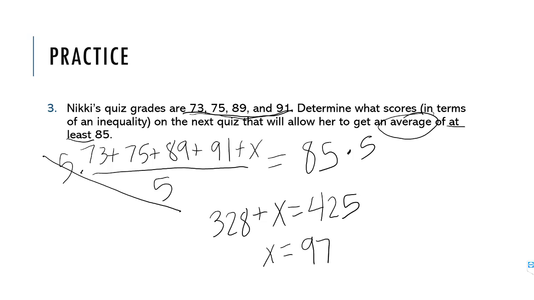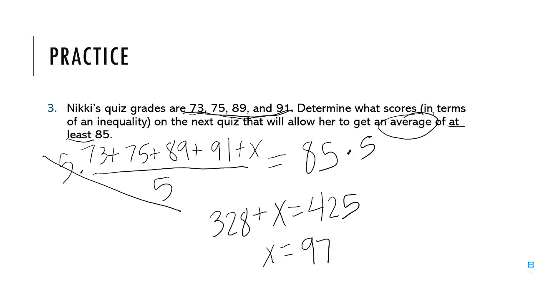That means if Nikki gets a score of 97 on the test, then she will have an average of 85. But it could be more than that. Say she got a 98 or a 99.6. Then she would have an average of more than 85, which is what we wanted, something at least 85.